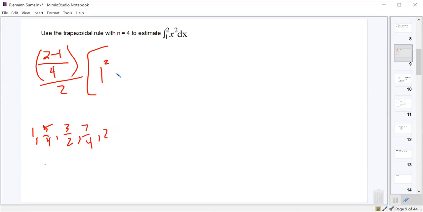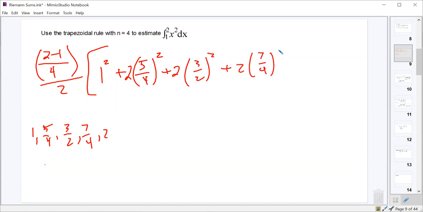So 1 squared plus 5/4 squared times 2, and then 2 times 3/2 squared, and 2 times 7/4 squared, and 2 squared. Everybody good there?